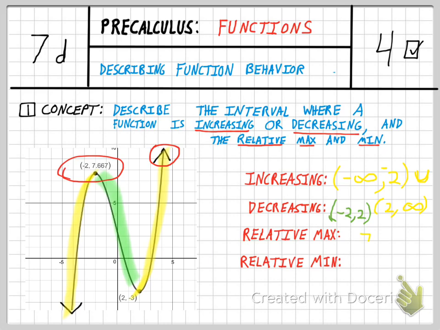So there's a relative max at 6.667, and by the same argument there's a relative minimum at negative 3. You can answer these with the coordinates of the point if you want, but the relative max and relative min are really asking you for the y value at a local high point and a local low point.